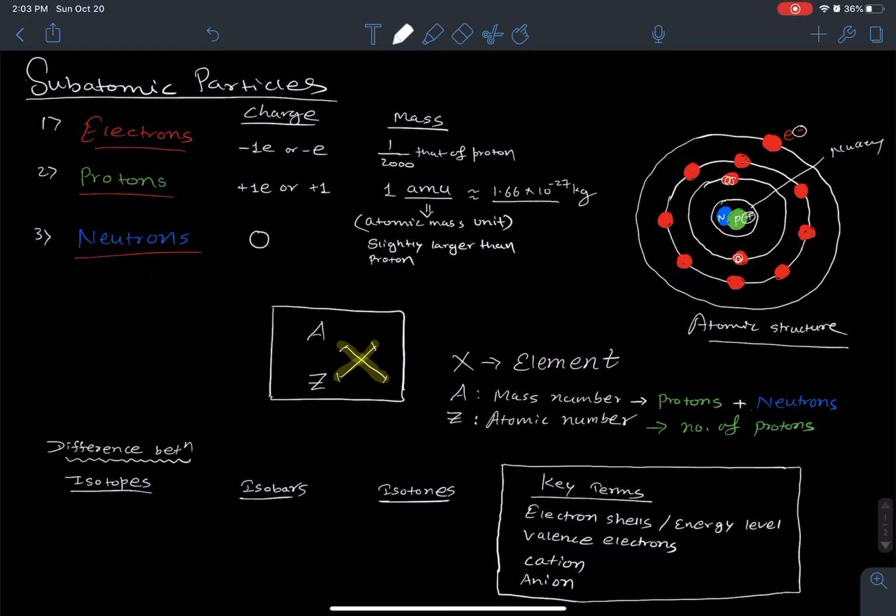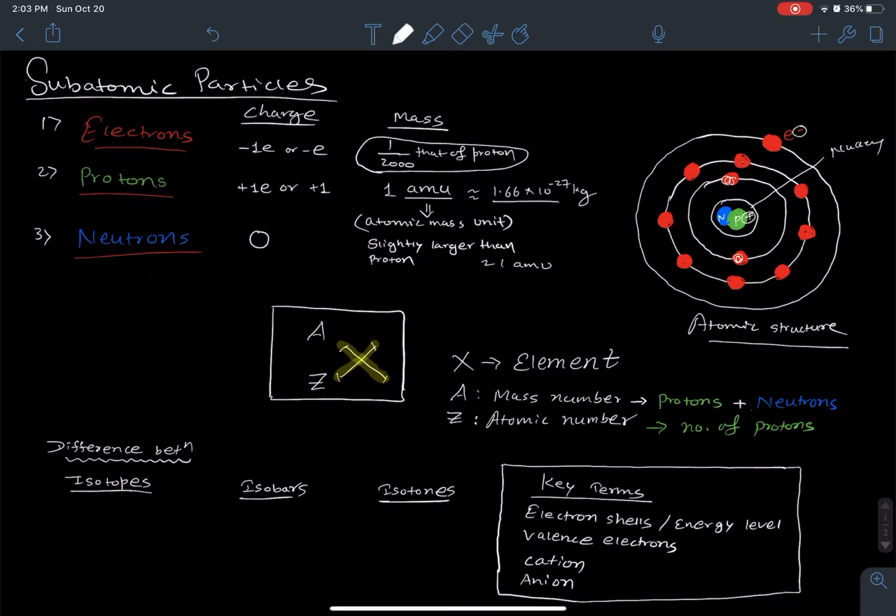The mass of the electron is about 1 over 2000 of that of the proton, which is very negligible. The neutrons do have mass, around 1 AMU also, but slightly more than that of the protons.